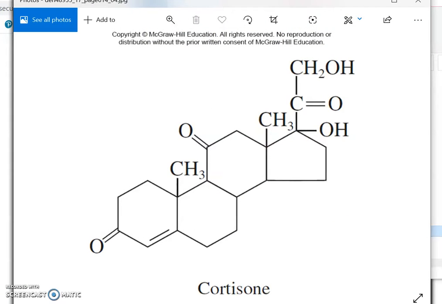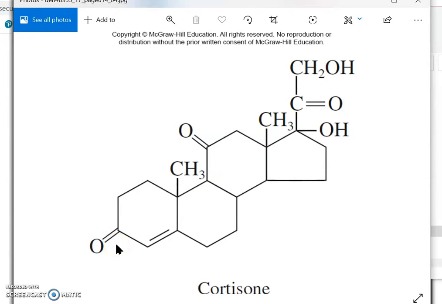Now here's another steroid. This is cortisone. This is made by the adrenal cortex. There's also one similar to this called cortisol, better known as hydrocortisone. I don't remember with certainty, but I think that the hydroxyl is here in hydrocortisone.